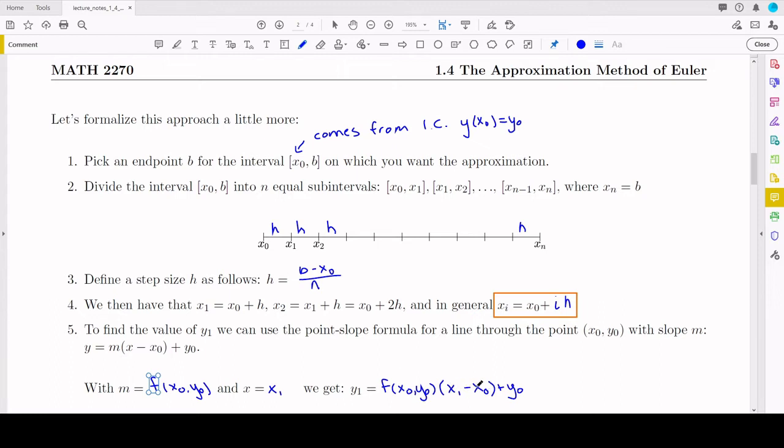But x1 minus x naught, that's the distance between these two points, that's just h. So we can rewrite this as y1 equals h times f of x naught, y naught plus y naught.